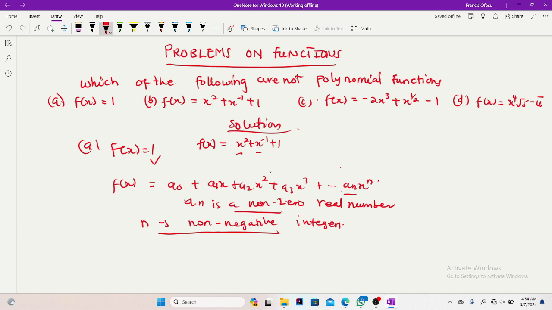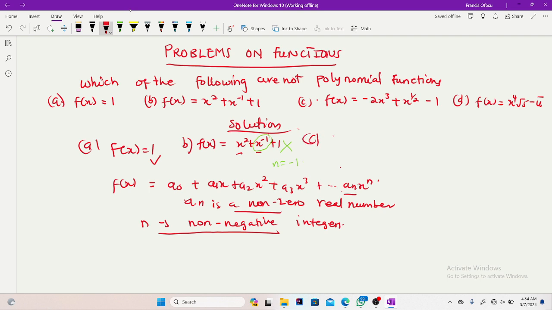But when I come to this x, you realize that it has negative 1 as its power. So the n is equal to negative 1. But from the definition, n should be a non-negative integer. So this disqualifies our second function from being a polynomial function. So hence, the function b here is not a polynomial function.